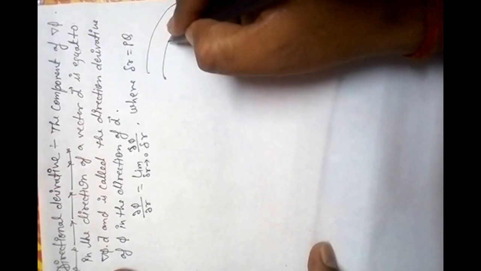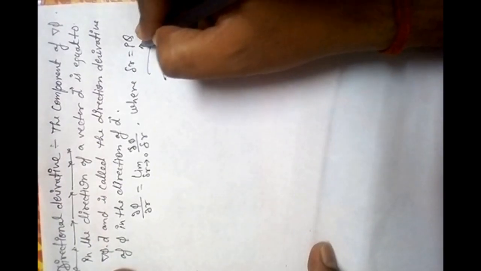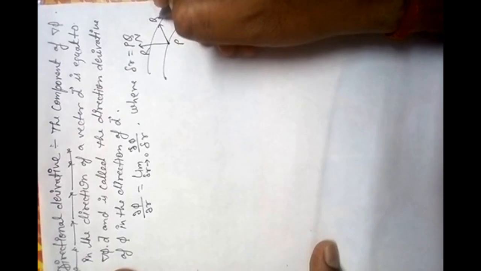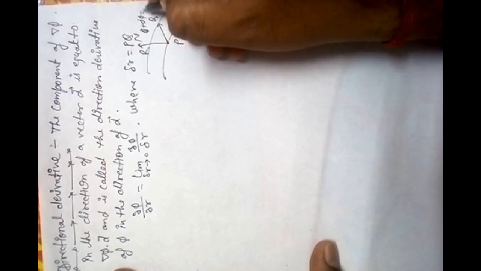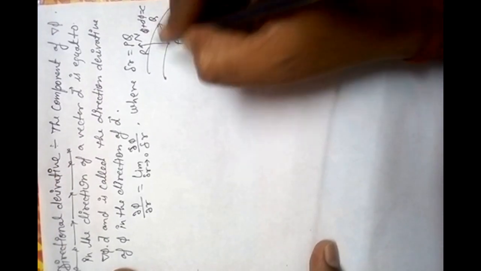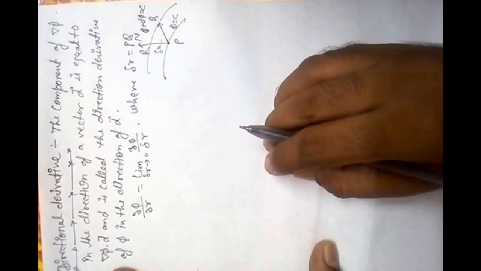PQ means if we consider this curve and point P is this and normal N which is here and Q is this one, and here phi plus d phi is equal to c and phi is equal to c, this delta N is this.